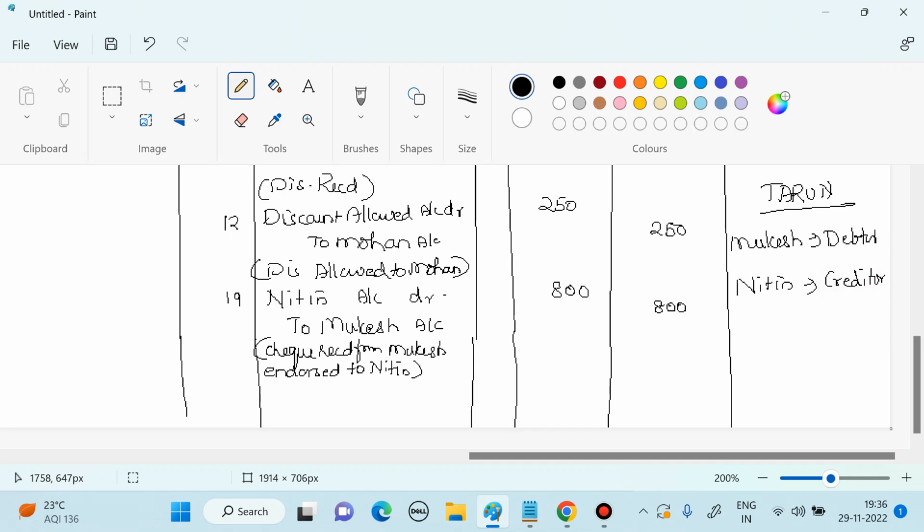So in this transaction, Mukesh, a debtor, gave a check to Tarun. So the check came into the hands of Tarun. What did he do? He gave it to Nitin, his creditor, to settle the amount which is due to Nitin by Tarun. So basically, Mukesh the debtor has which balance? In the books, debtors are which balance?